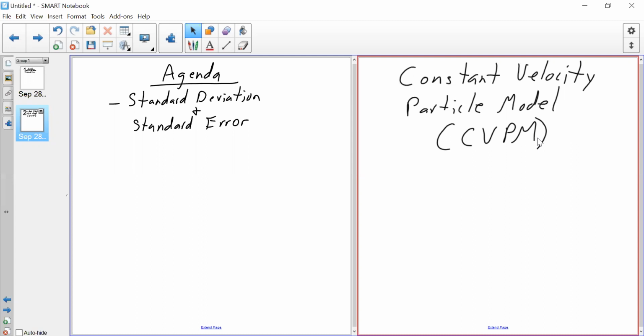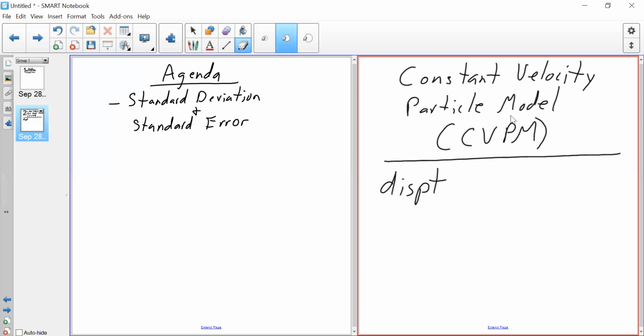ascribed symbols to them and units to them. For example, displacement, or position.